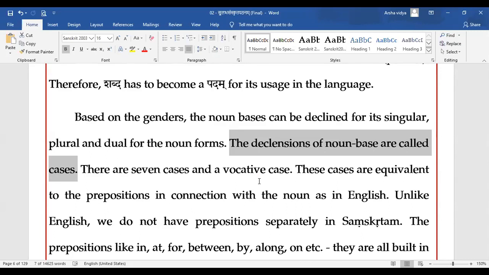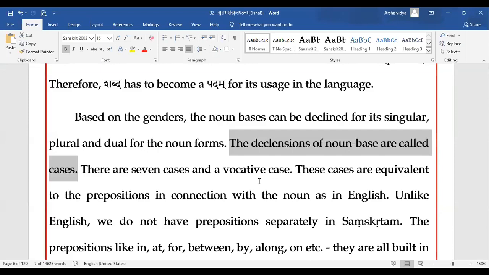And how many cases are there? If you ask, 7 cases are there. These 7 cases plus 1, that is the vocative case. Vocative is addressing the person, calling the person. The 7 cases have the built-in prepositions.